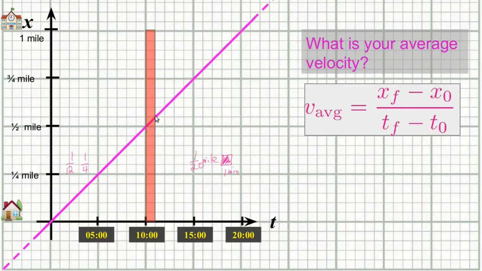And here you can see the slope of that little triangle right there is a 20th divided by 1. If we multiply that out, if I'm going a 20th of a mile every minute times 60 minutes, then I'm going to have 1/20th of a mile divided by 1/60th of an hour.